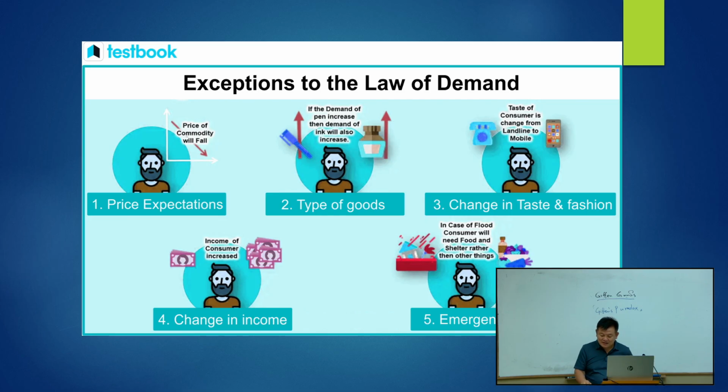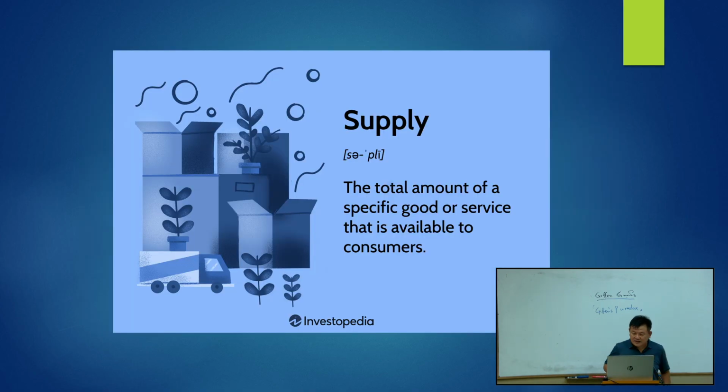Another exception occurs in the use of some commodities, such as wheat, rice, salt, medicine, etc. These things are necessities of life. These things are exceptions to the demand curve. And today we will study supply.